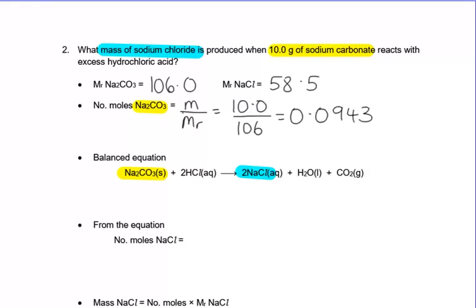Now, according to the balanced equation, 1 sodium carbonate makes 2 sodium chlorides. So to get from 1 to 2, I have to multiply by 2. We're starting with 0.0943. So I'm going to multiply by 2 to find out how many moles that would be, 0.189.